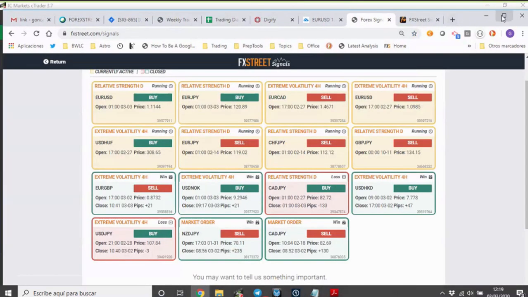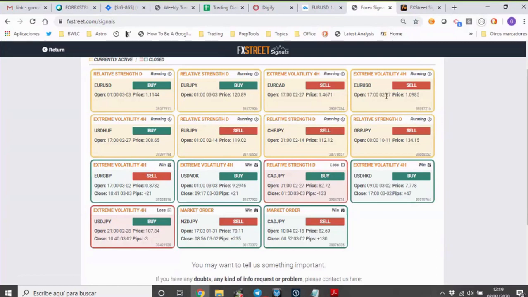Here it is. Okay, where you see all the open trades and recently closed ones, in green for the winners, in red for the losses, and the currently open trades. As soon as the trade is released, the corresponding chip appears on the page and on the Telegram group at the same time as it is executed.